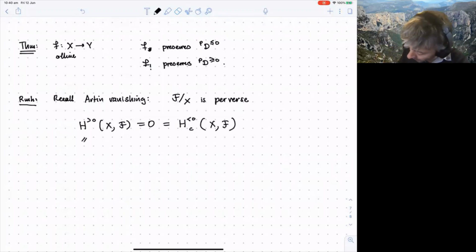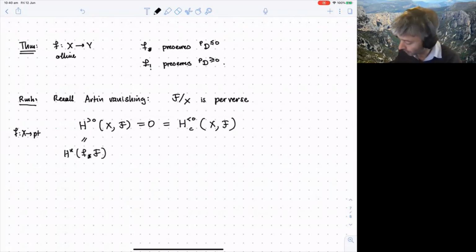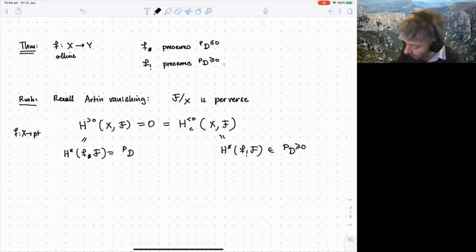And of course, if f is the map to a point, this is just the cohomology of f lower star of f. And this is the cohomology of f lower shriek of f. And so this is in PD bigger than or equal to 0. So the perverse t-structure on a point is simply the standard t-structure.